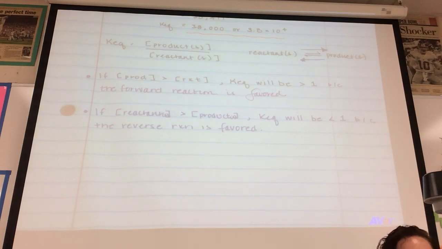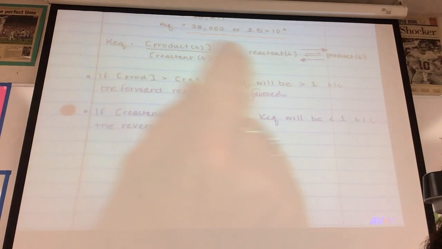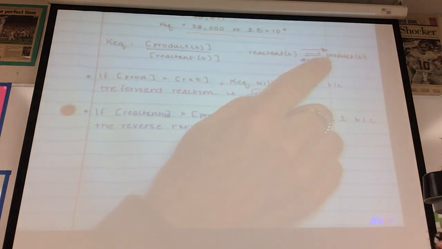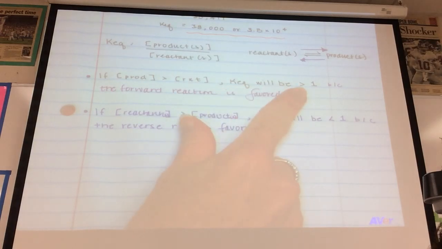And just as an aside, to bring back our thermo chapter, if the forward reaction is favored and you've got thermodynamic favorability, will delta G be negative or positive? Negative. So with a KEQ greater than 1, delta G would be less than 0.